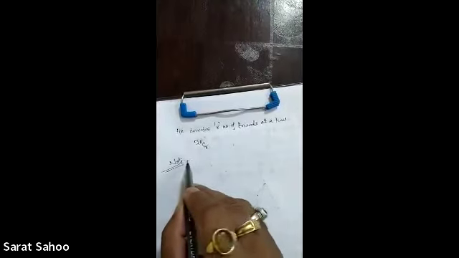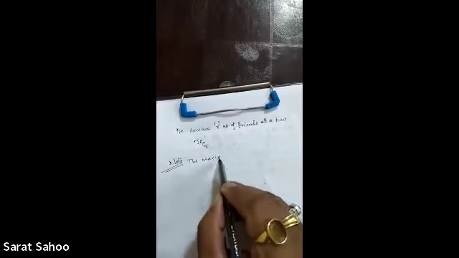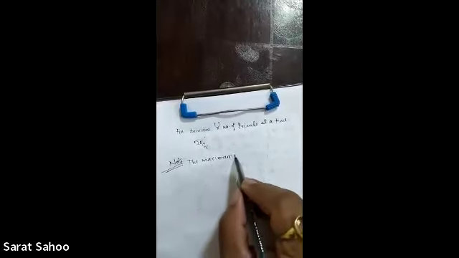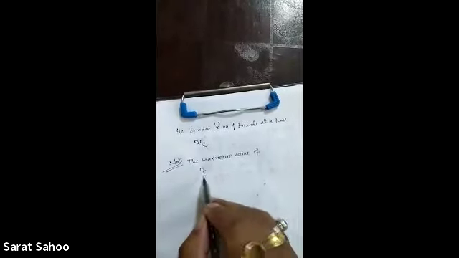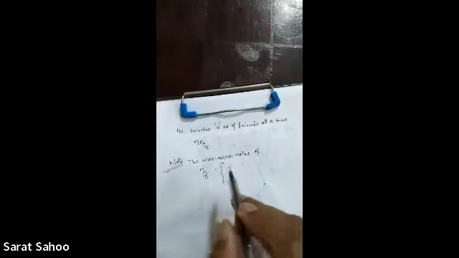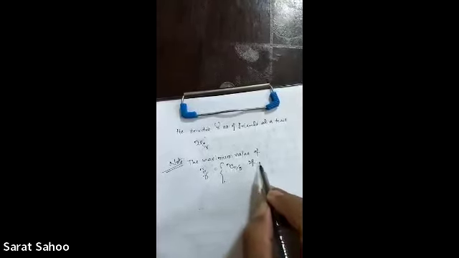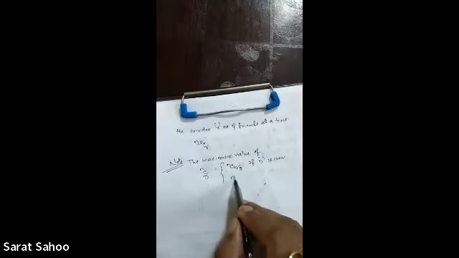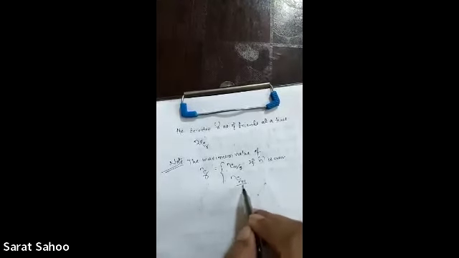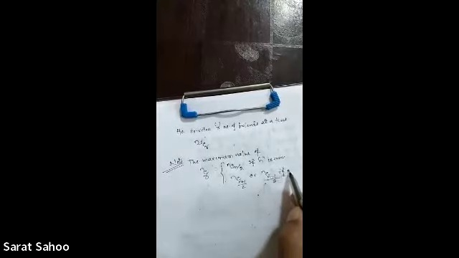The maximum value of nCr equals nC(n/2) if n is even, and nC((n+1)/2) or nC((n-1)/2) if n is odd.